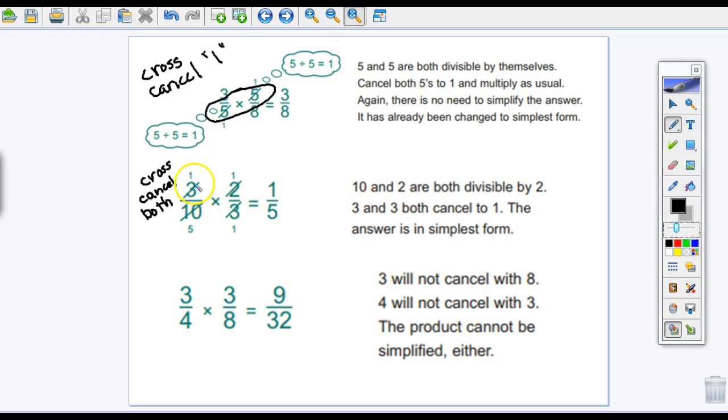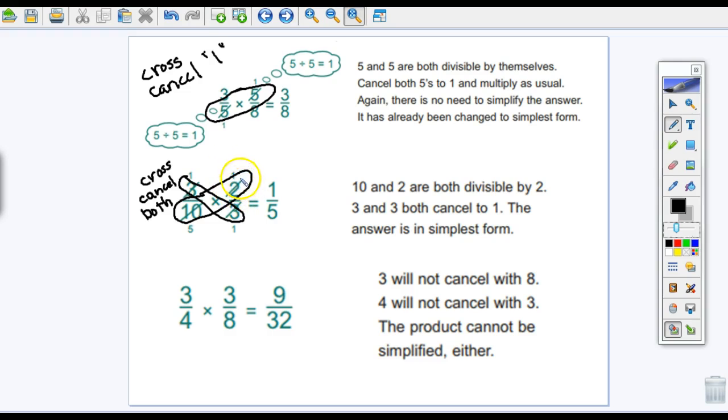But here, if we look at 3 and 3, they're both divisible by 3, right? 3 divided by 3 is 1, 3 divided by 3 is 1. That's our new, we've simplified this pair. But then we can also look at this pair here, 10 and 2. Both 10 and 2 we can divide by 2.